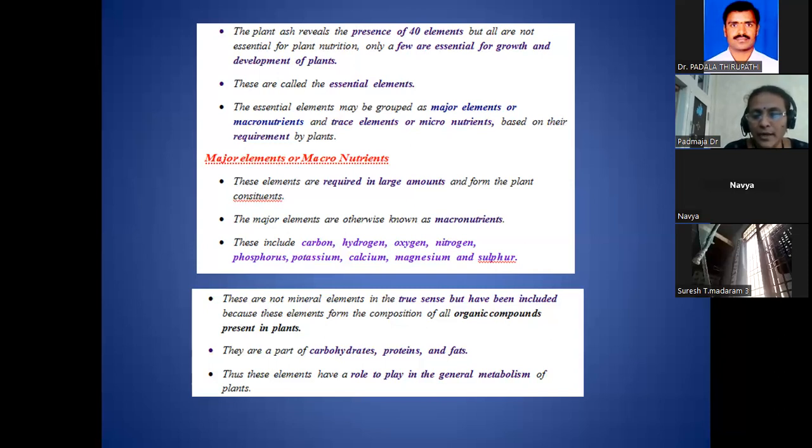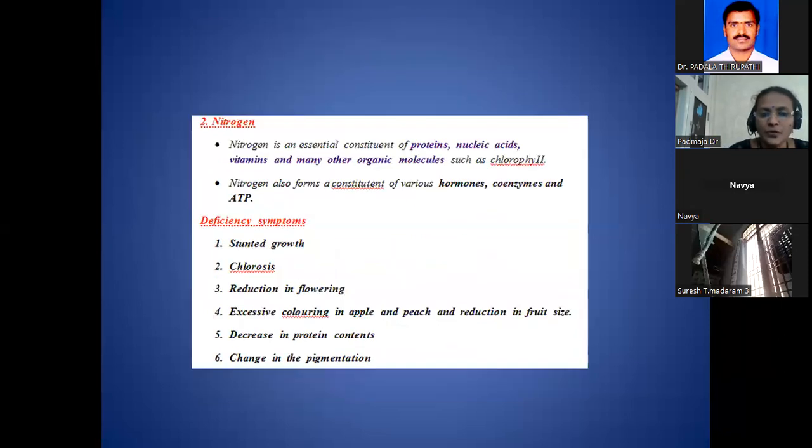If you see the biomass of a plant, it consists of carbohydrates, proteins, and fats, which are all made up of these nutrients. Thus these have a role in the general metabolism of the plant itself. By reading the overall topic, we won't find any difficulty.